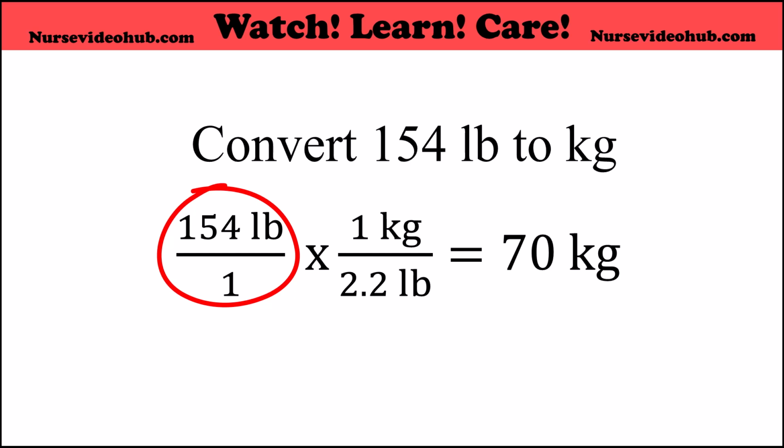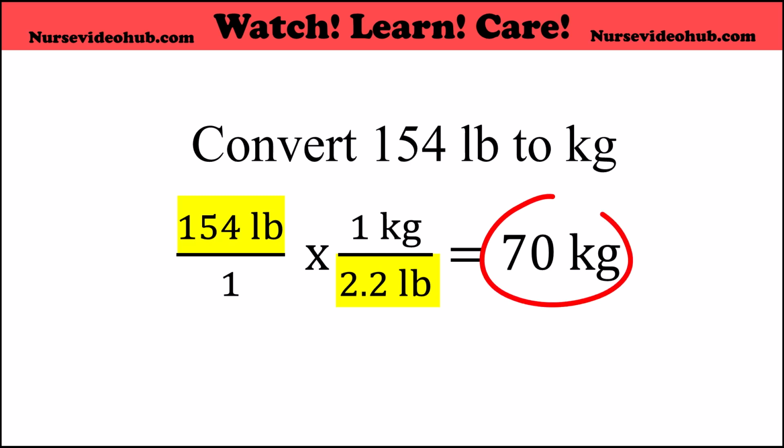Then you want to multiply that by the conversion factor, which is 1 kilogram equals 2.2 pounds. The pounds cancel out, leaving the weight in kilograms. 154 divided by 2.2 equals 70 kilograms. Now you will use the 70 kilogram weight when calculating the amount of medication to administer.